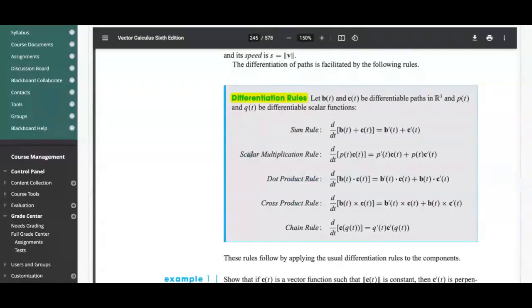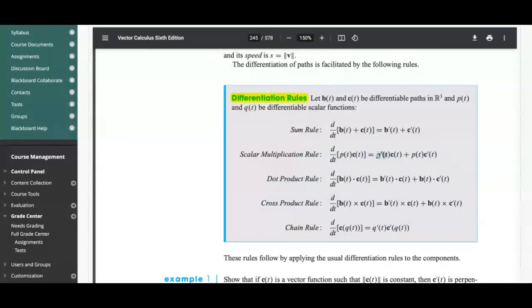Scalar multiplication rule: because C(t) is a path and p(t) is just a single variable function, we call this the scalar multiplication rule. Those three, the scalar multiplication, dot product and cross product rules, all involve the product rule.